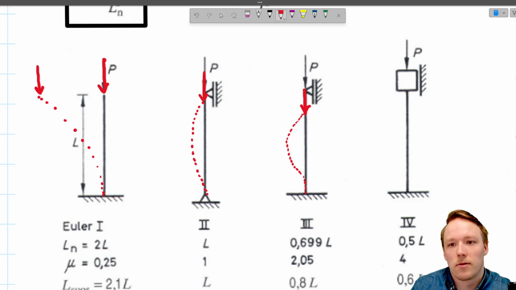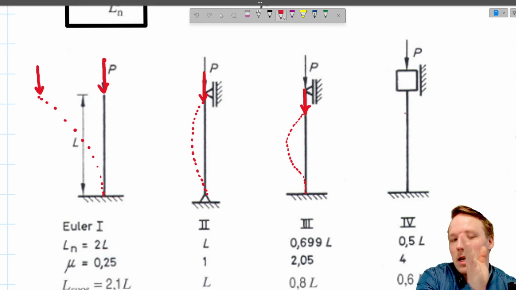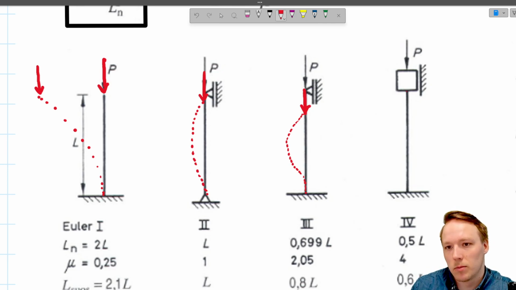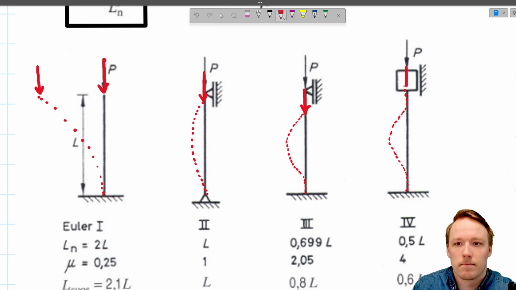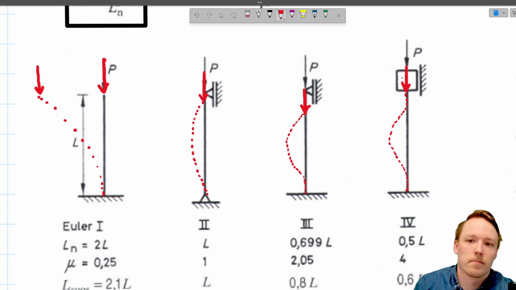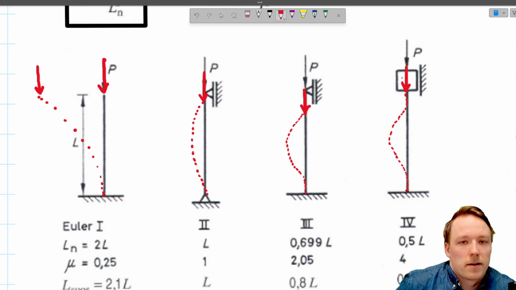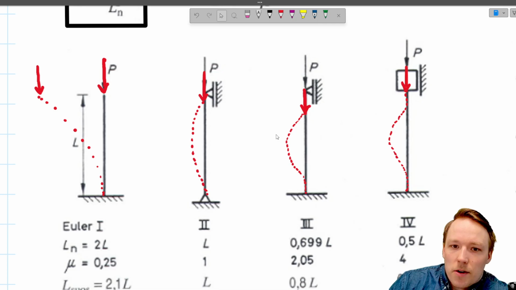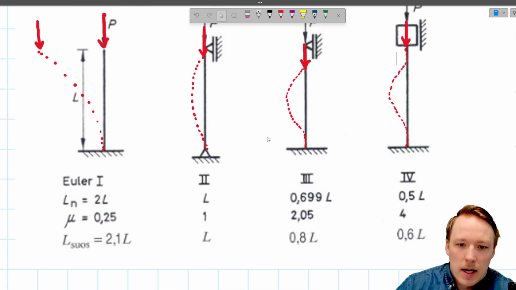In scenario 4, the top end is also fixed against rotation, so it doesn't have a hinge at the top or at the bottom, but the top can still move down, so the shape of the buckled beam will be like this.